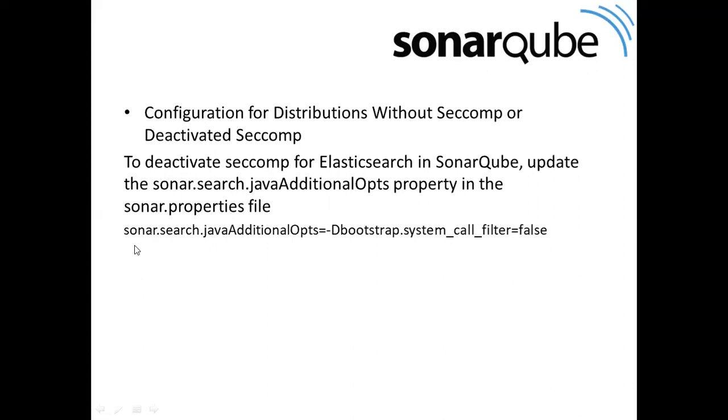Next, if you have to configure the distribution with seccomp or deactivate seccomp, then to deactivate seccomp for Elasticsearch in SonarQube, update the sonar.search.javaAdditionalOpts property in the sonar.properties file.